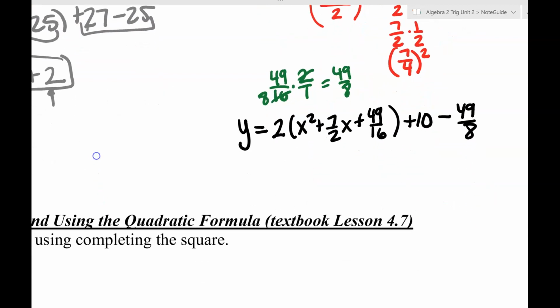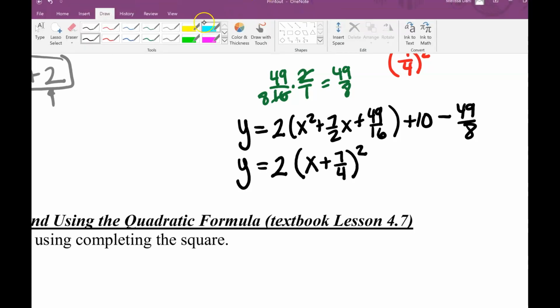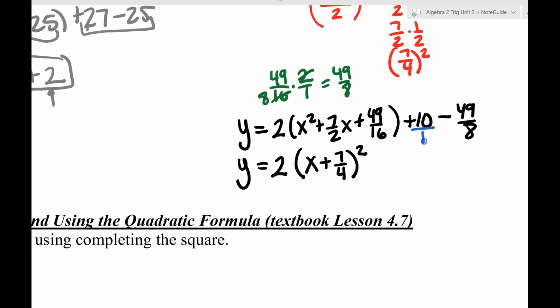And then we're going to keep rewriting this so we can get that perfect vertex form. So here I have an a value of 2. Based on the numbers here, this is going to factor as (x + 7 over 4) squared. And then for that k value, I'm going to give 10 a common denominator of 8.